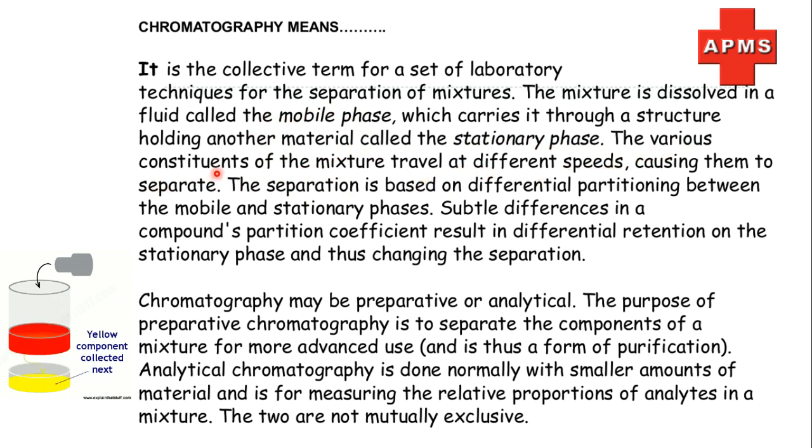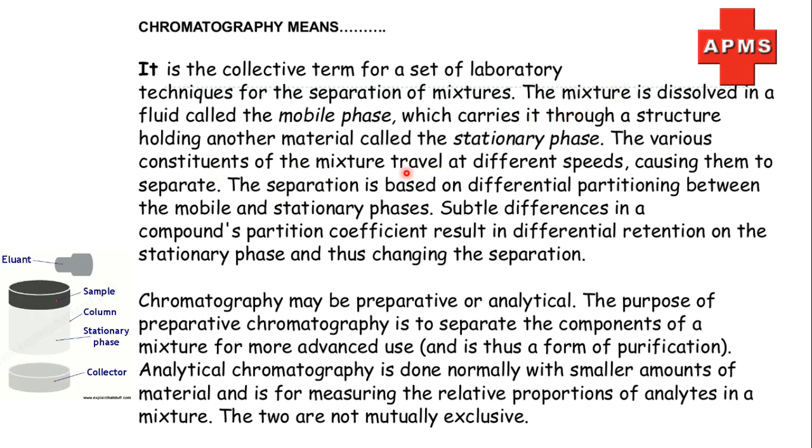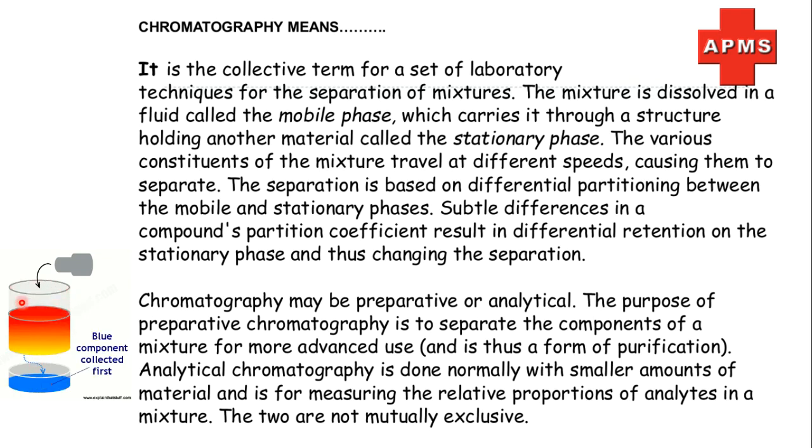See, the various constituents which are present in this mixture travel. Travel means move in the column, this column. See, this sample is moving through this column which contains the stationary phase. You see the column, this cylindrical shaped structure I am calling the column.